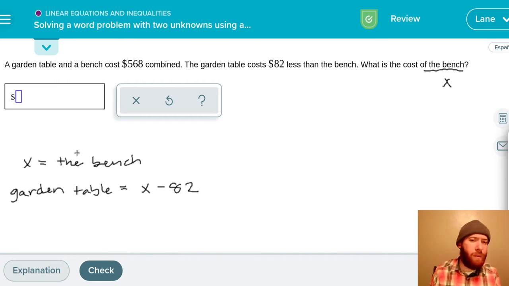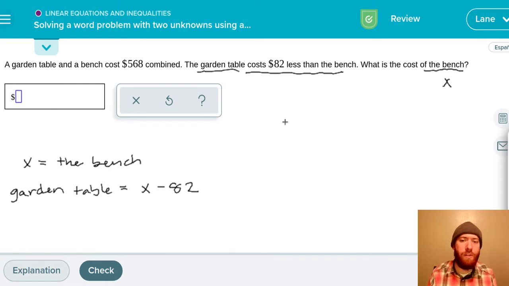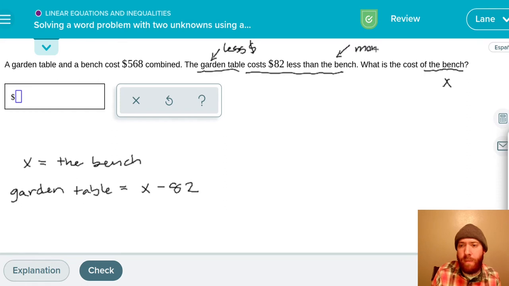And we should double check that this is correct. If you read this sentence here, the garden table costs $82 less than the bench, you should think to yourself, which one is more expensive? If the garden table costs less than the bench, then the garden table should be less expensive, and the bench should be more expensive, right? And so do these expressions reflect that?